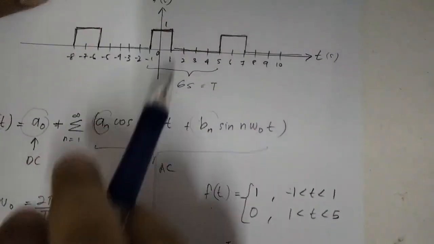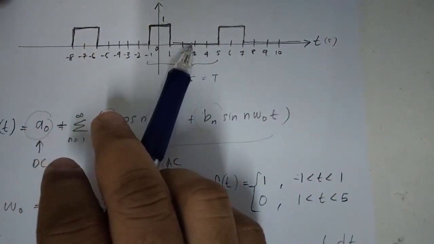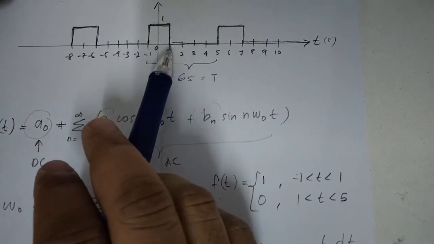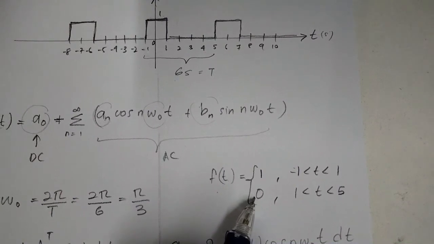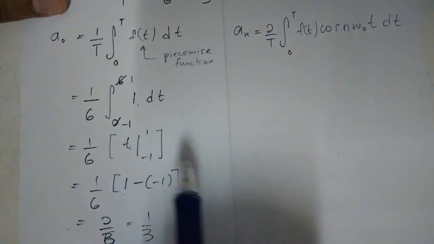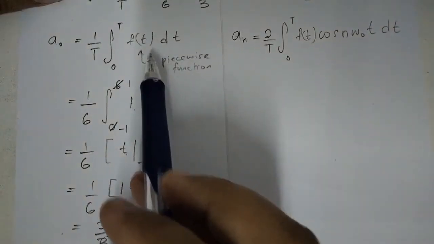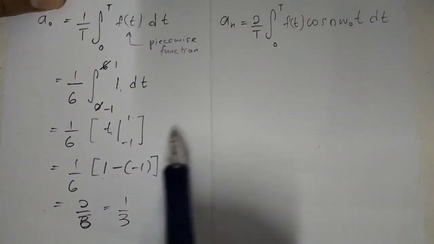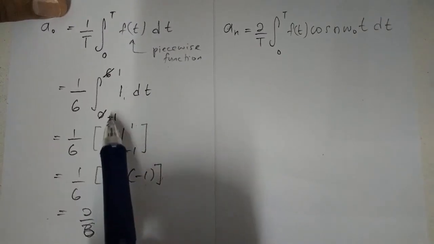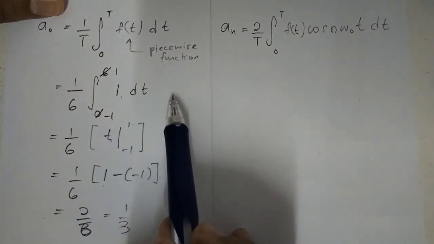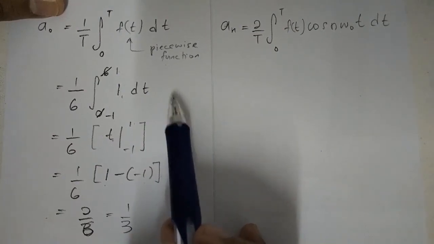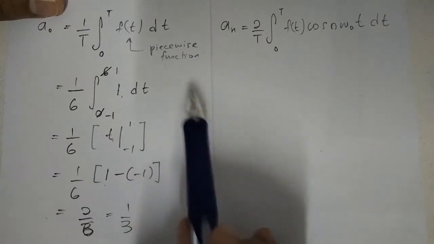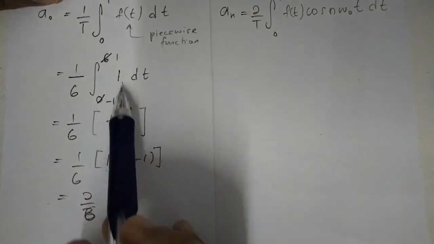In case you got a different waveform in which the second component is -1 or a different value, not 0, then you have to calculate the second part of the integration. In this case it's just 1.